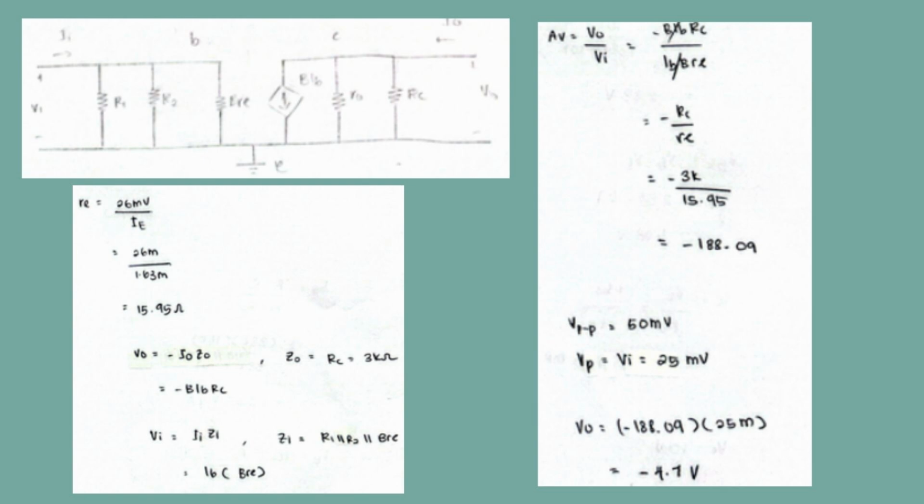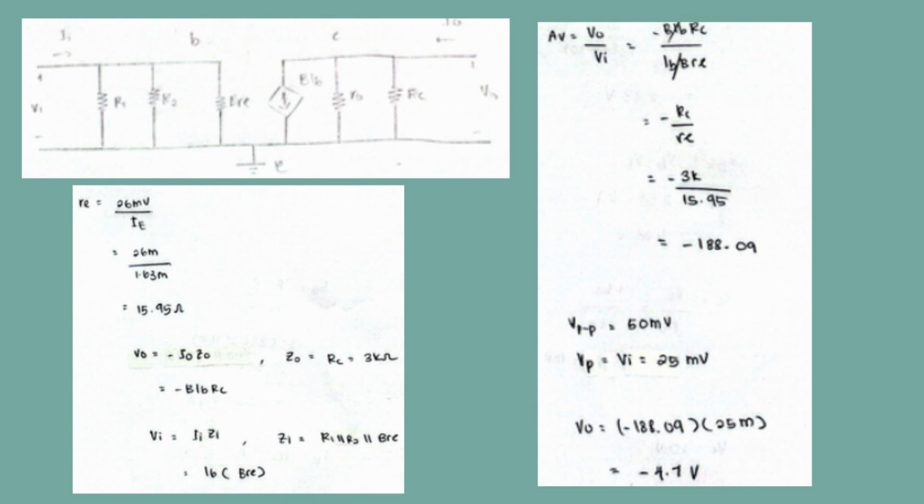re equals 26 millivolt divided by IE. 26 milli divided by 1.63 milli, then we can get 15.95 ohms. To find VO, VO equals negative IO multiplied by ZO.